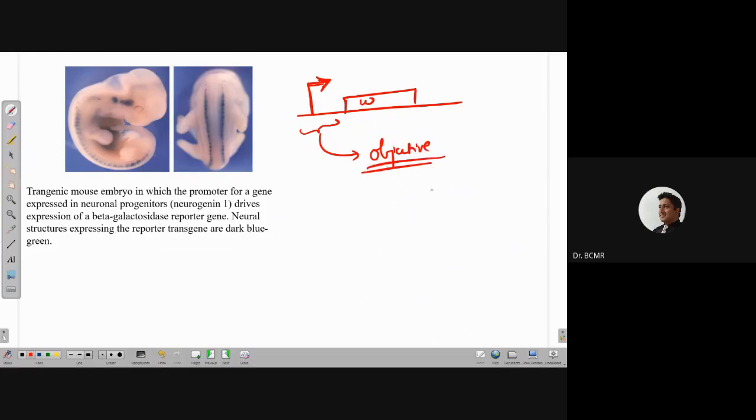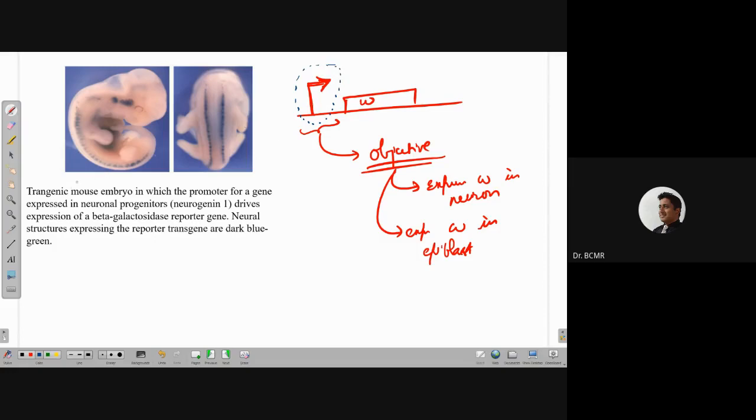Your objective could be, I want expression of W in neurons, or I want expression of W in epiblast, a growth condition, differentiation during embryogenesis. So you're choosing where the expression should be, or you might choose when the expression should be there. And for that reason, what becomes very essential is the regulatory sequences that you have put. What kind of promoter did you put?